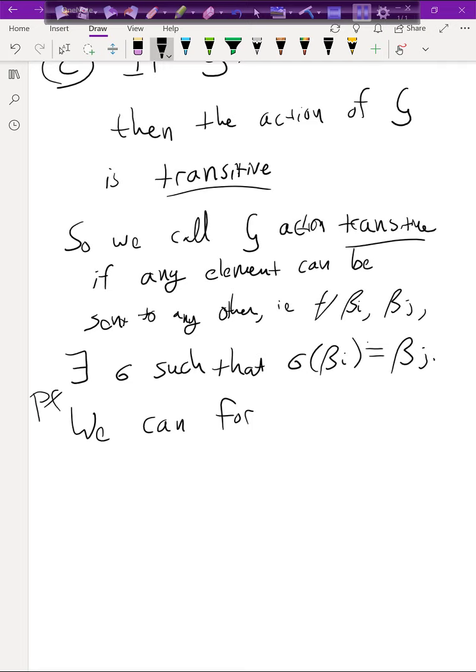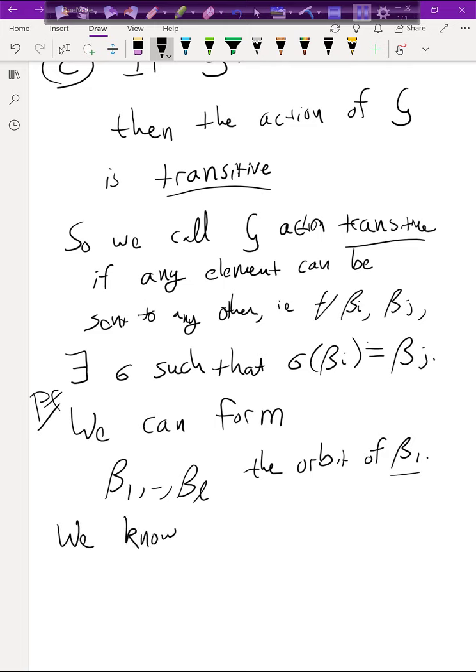We can form b1 through bl, and let's say this is the orbit of b1, and we're just trying to show that b1 through bl is everything, all of the different roots. We start with b1 and see everything we can hit from b1.